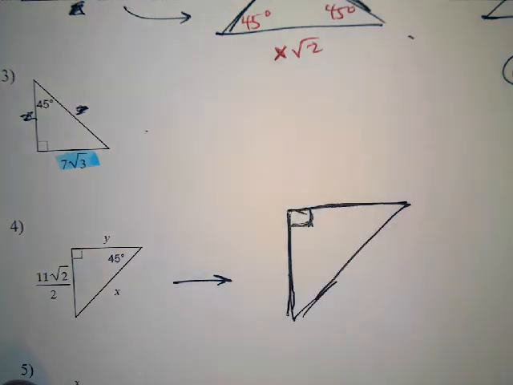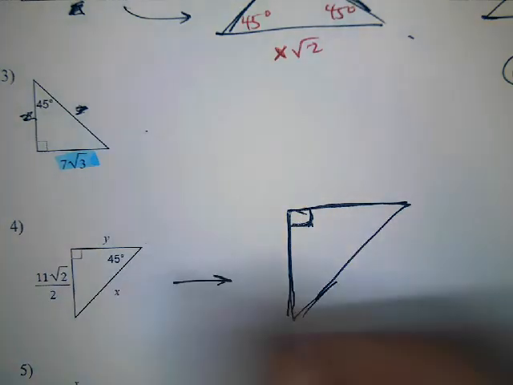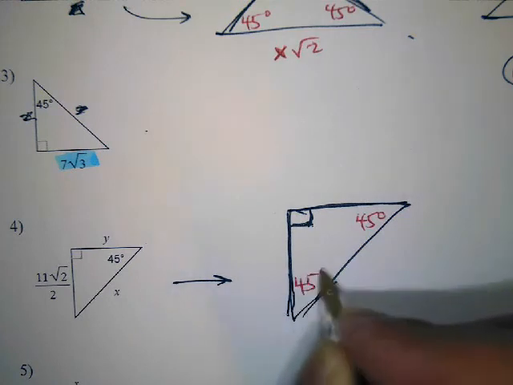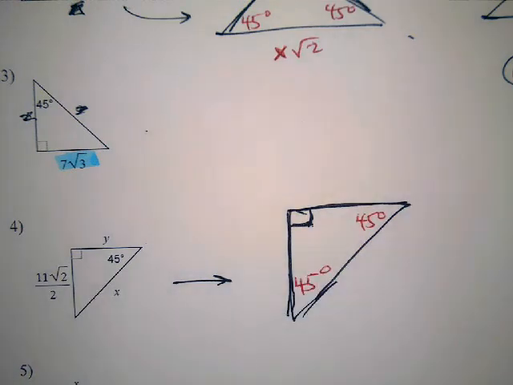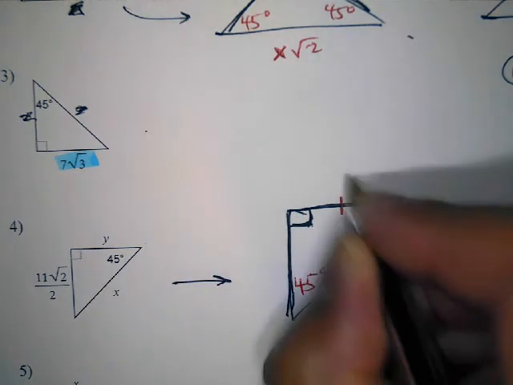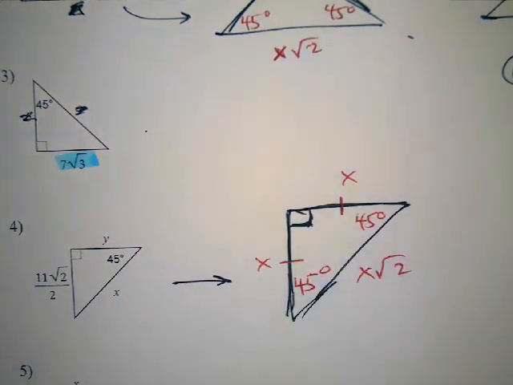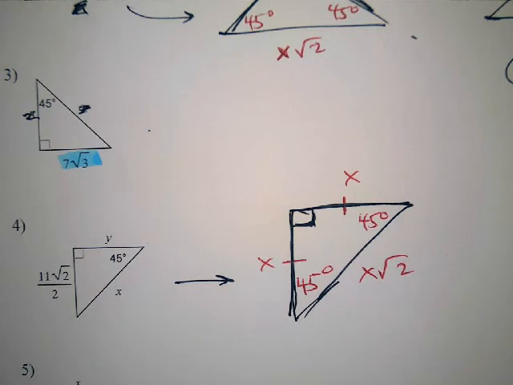I'll make it a little bit bigger. So this is 90. If this is 45, well, that forces this one to be 45. This is, again, a special right triangle. It's half of a square. And what do I know? Well, this one should be x, and this one should be x, and this one should be x root 2.